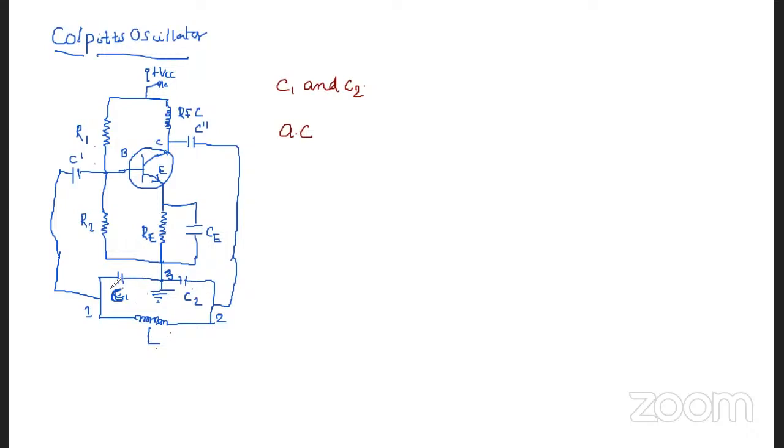This C1 voltage is applied to the base emitter junction, where we apply these oscillations to the transistor, and they are amplified in the collector circuit, that is the collector emitter circuit, and overcome the losses occurring in the tank circuit.